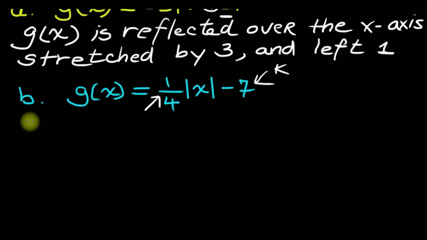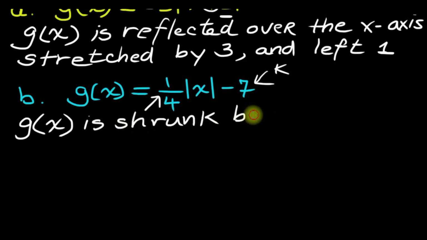From the parent function, g of x, this 1 over 4 is between 0 and 1. So because it's in between 0 and 1, g of x is going to shrink by 1/4.